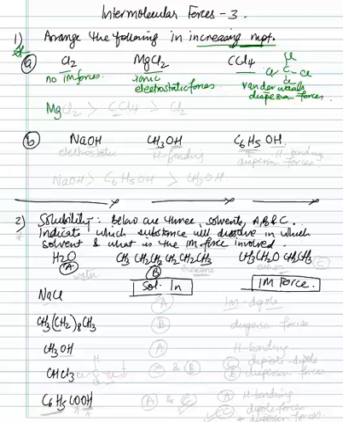So MgCl2 is higher. Then CCl4 is next because it has higher dispersion forces than Cl2. Okay, Cl2 is only a diatomic molecule, whereas CCl4 is polyatomic. So that's your order for increasing melting point.